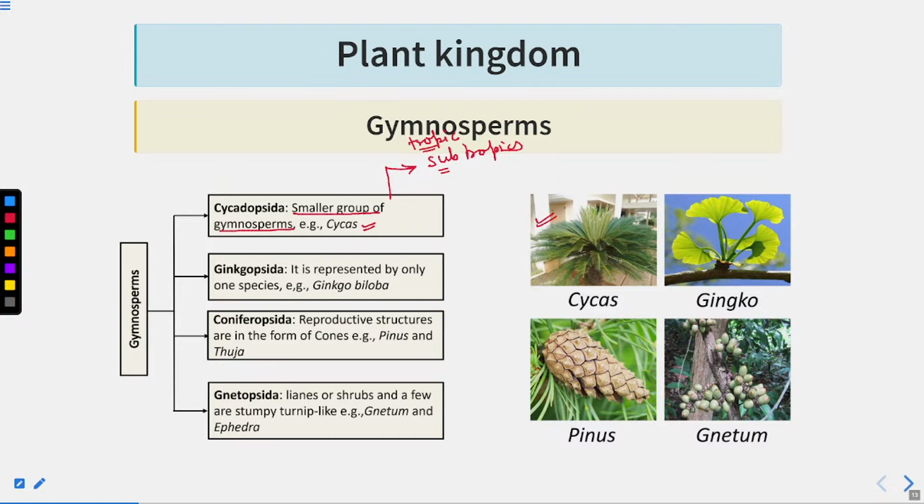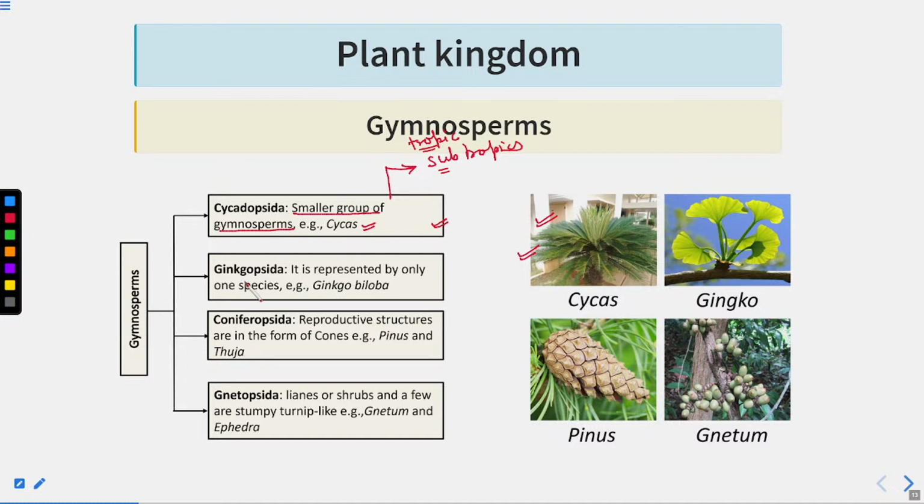So this is one of the peculiarities of this particular class. They are dioecious, meaning individual plants are either all male or female. Cycads are seed bearing plants. So these cycads bear seeds, where the majority of the members are now extinct, but some are still living. So this is about the Cycadopsida, right?